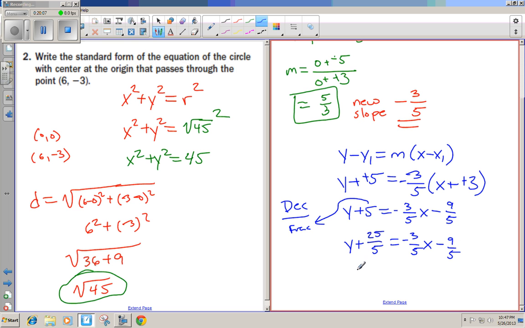And when I subtract 25/5 from both sides, you get negative 3/5 x minus 34/5. So you can have this as decimals if you want. Whatever makes you feel better.